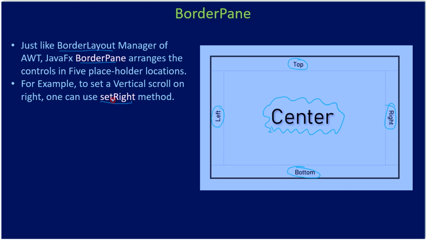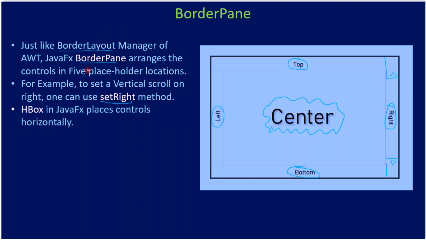Here we are talking about a vertical scroll bar, right? Usually a vertical scroll bar goes on the right hand edge. So you can create a component and use the setRight method to add a vertical scroll. So it occupies the entire right edge.